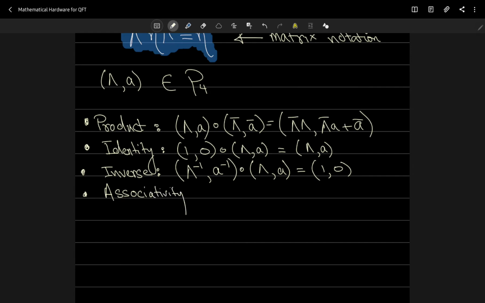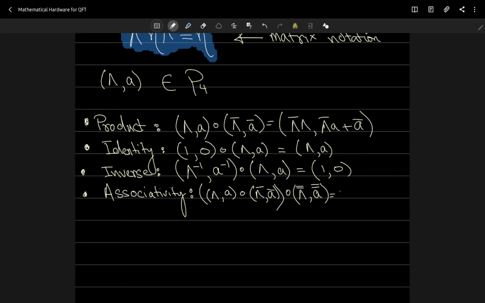Yeah. So associativity, that is if you have this lambda A composition with some lambda bar A bar, and this is in brackets, and then you have composition with another lambda, let's call it lambda double bar and A double bar.